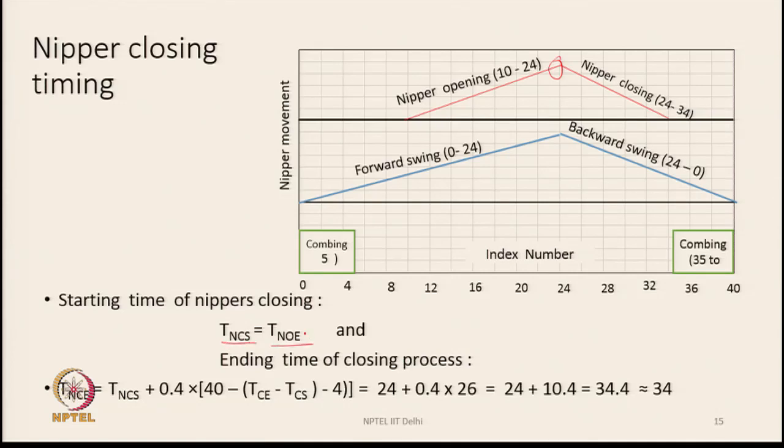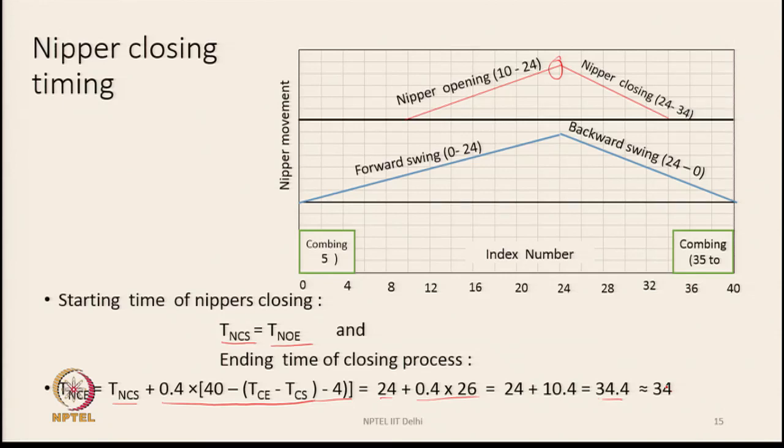TNCS and TNOE will be the same, as we have already stated earlier, and when it is completely closed, we can work it out. TNCE is TNCS plus 0.4 into this value, as we have seen earlier. If we put those values, we get 24 plus 0.4 into 26, which gives you a figure of 34.4, close to 34.